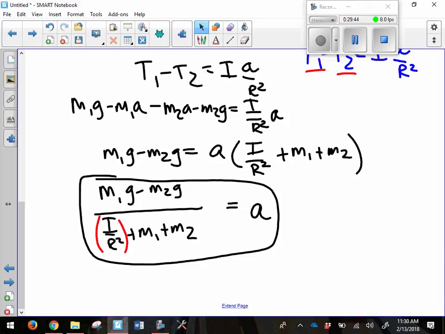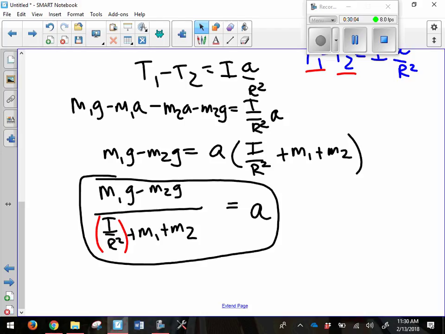There you go. Okay. So what am I doing to the denominator here? If I don't let I be equal to 0, I'm making it bigger. So if the denominator gets bigger, what has to happen to my acceleration? It gets smaller.